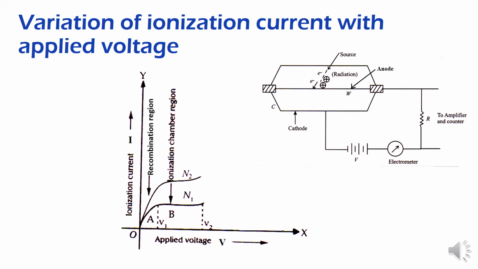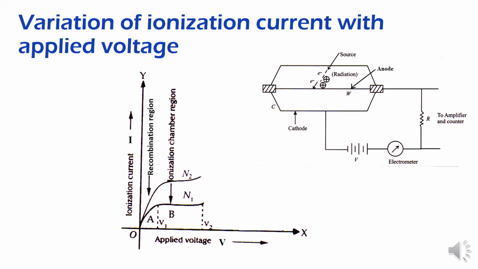As a result, you are going to get a constant ionization current, and a graph which is almost parallel to the x-axis. You are going to see such a curve between voltage V1 and voltage V2.